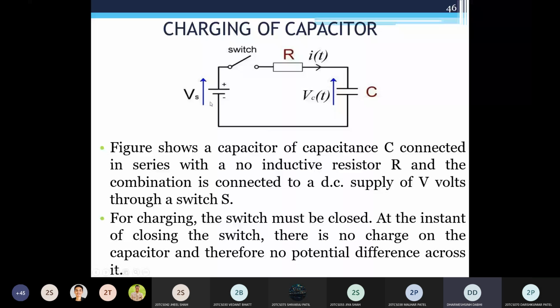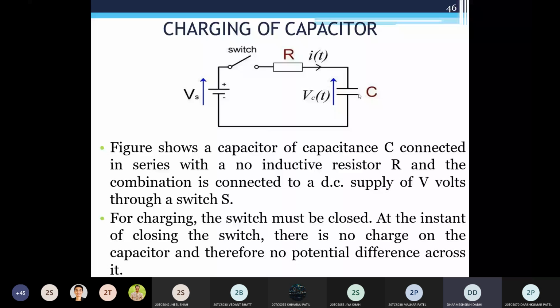This positive voltage of supply with the magnitude Vs is at the same upper plate of this capacitor with the positive magnitude, the same voltage Vs. So it means that there is no potential difference between source and this capacitor. So what will happen when there is no potential difference? Then no current flows in the circuit. It means I becomes 0.